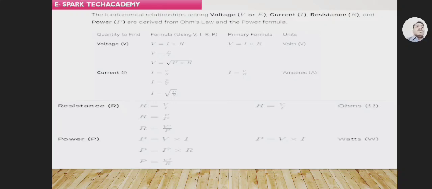Here we are only dealing with active power in watts. There you will be dealing with reactive power also. Here the active and apparent powers are the same: V into I is apparent power and also watts in this case, because the power factor is unity in case of DC circuits.